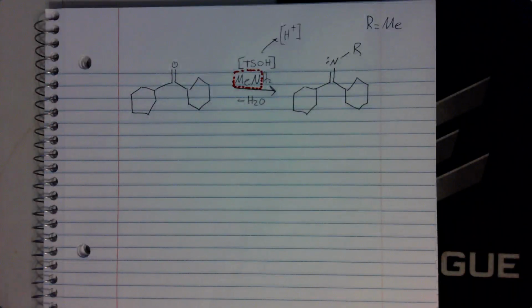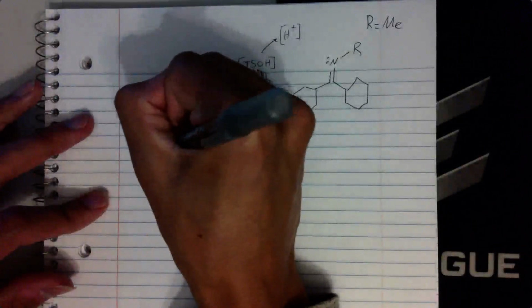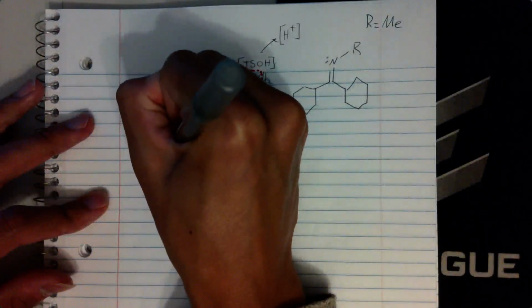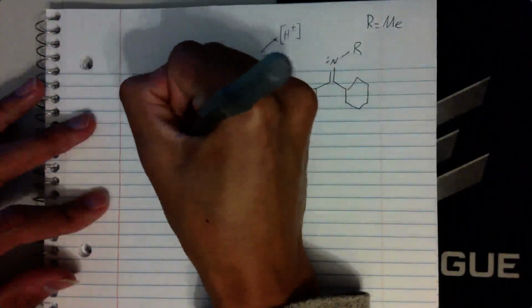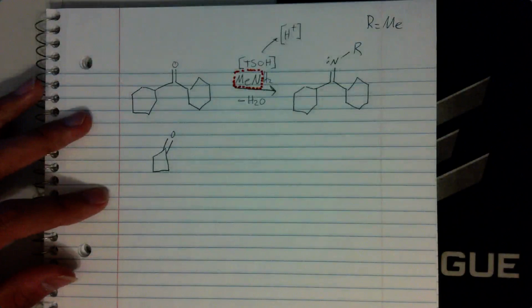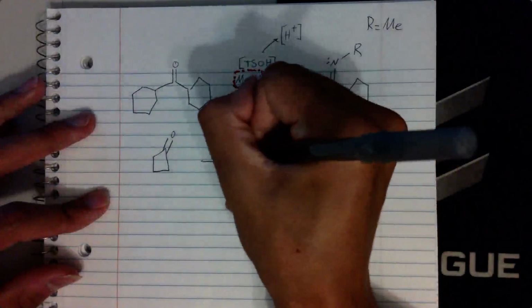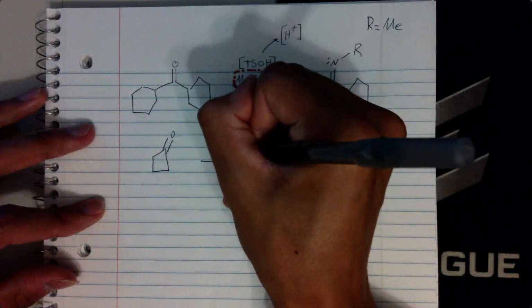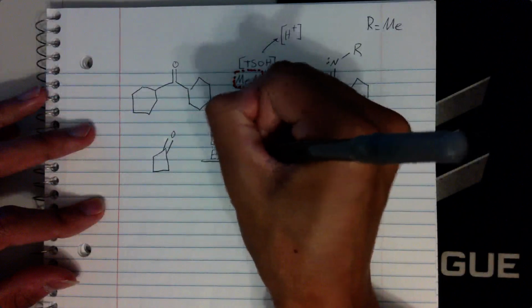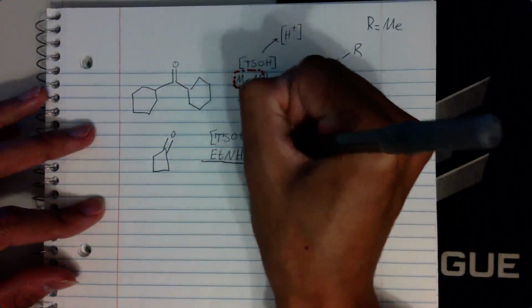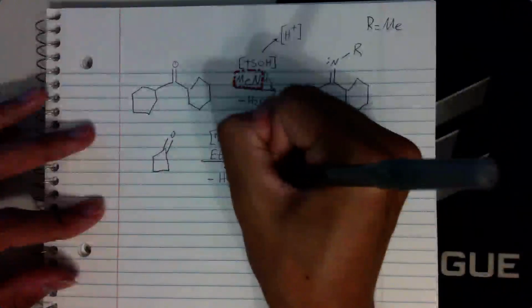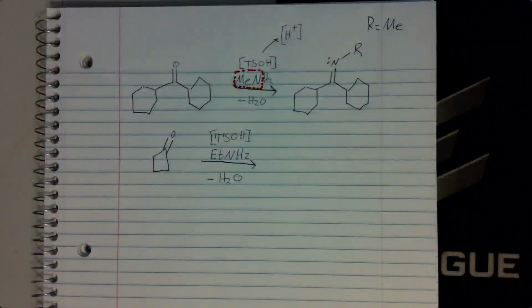So let's now look at the cyclobutanone. So we have this cyclobutanone molecule, and there it is. We're going to put it in an acidic environment, TsOH, and it's in brackets, so that's a new symbology that we've seen. And we are attaching ethylamine, EtNH2, and of course we dehydrate this molecule at some point.